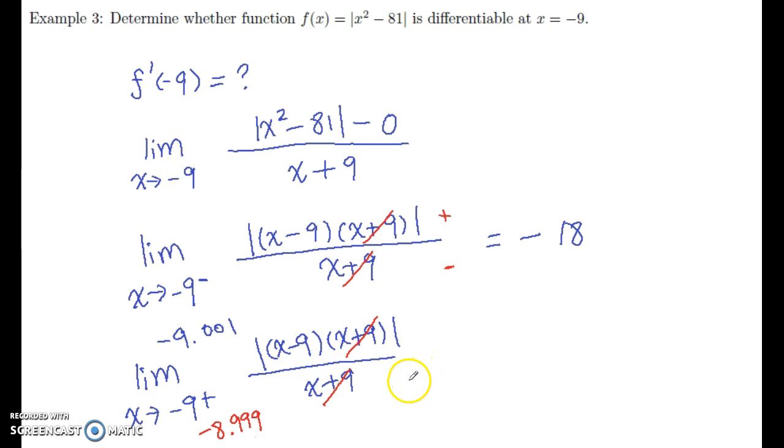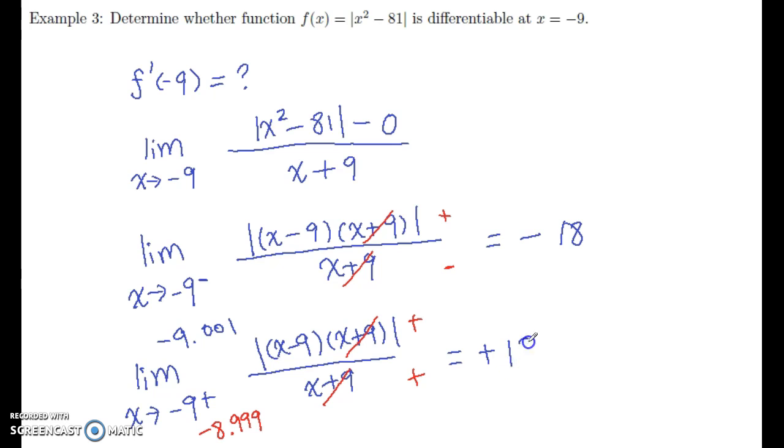So the denominator will be positive in this case, and the absolute value is always positive. So this fraction is positive, and when we plug in −9 again, it's still the absolute value of −18, so it's still 18.